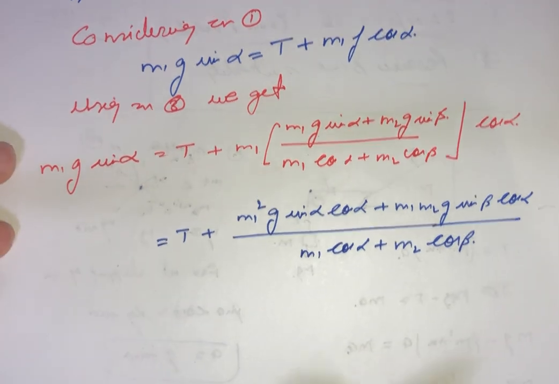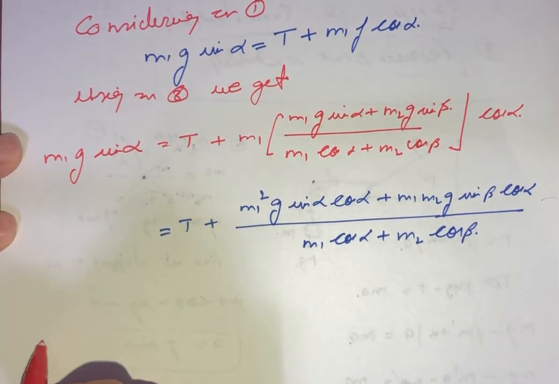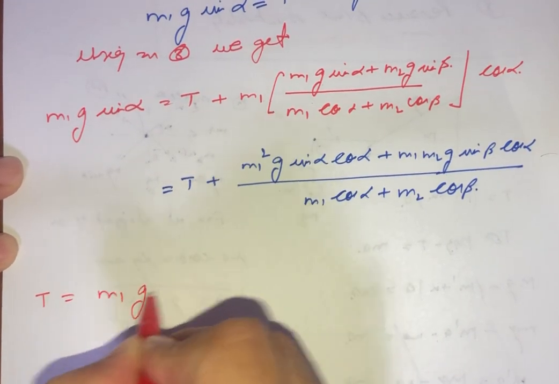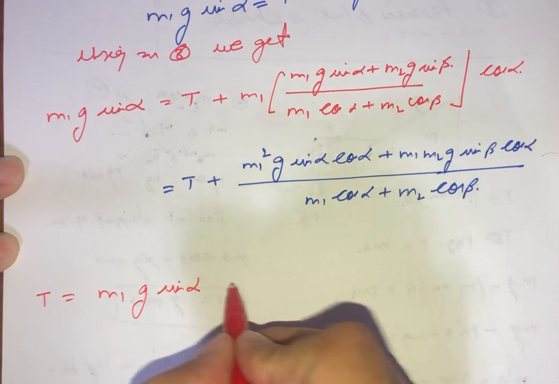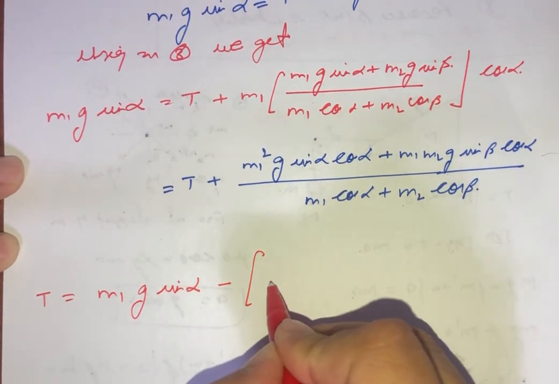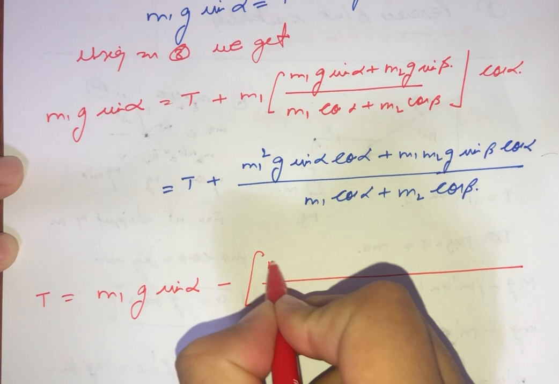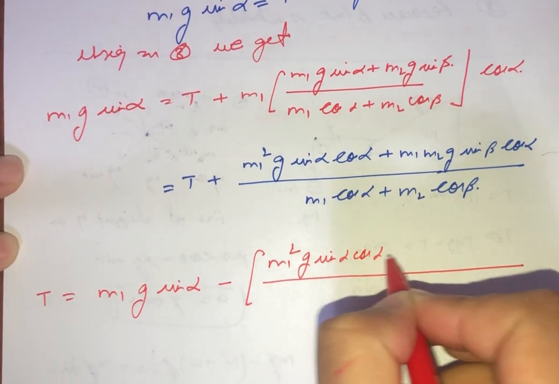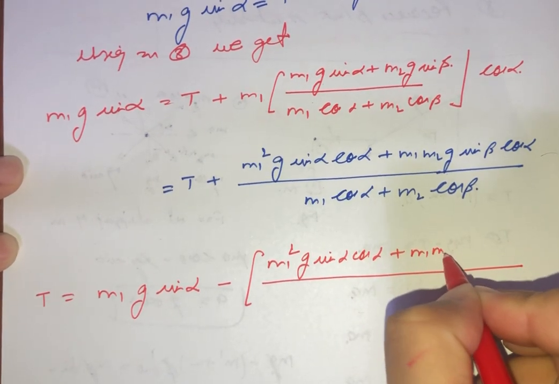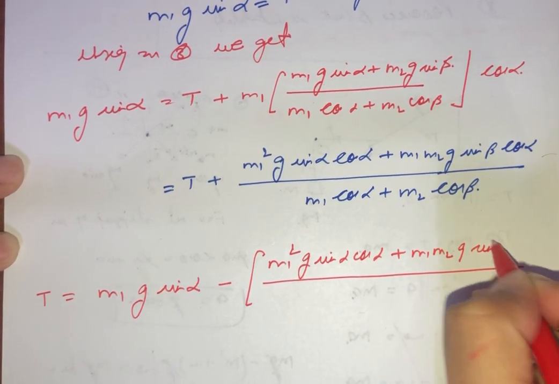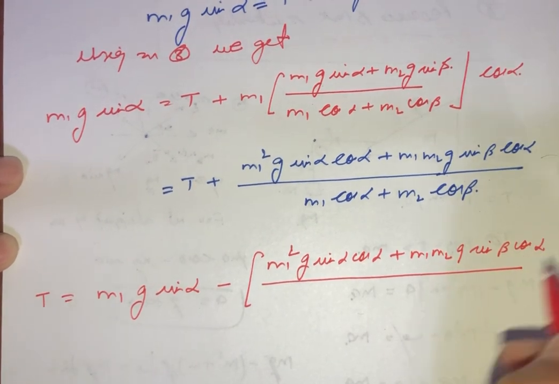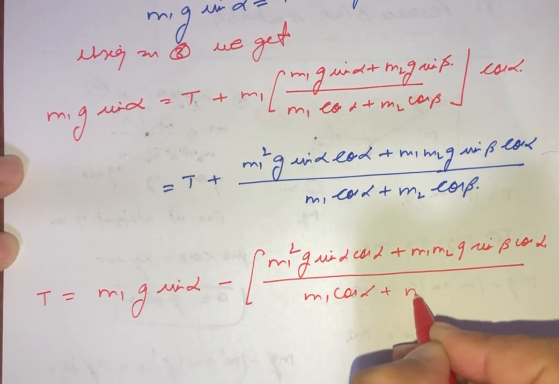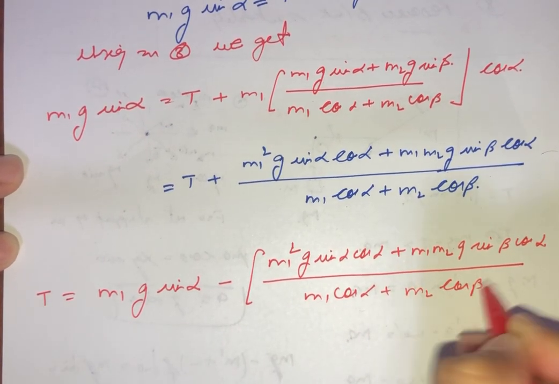Now bringing it to the left side, we have T is equal to m1g sin alpha minus (m1 square g sin alpha cos alpha plus m1 m2 g sin beta cos alpha) divided by m1 cos of alpha plus m2 cos of beta.